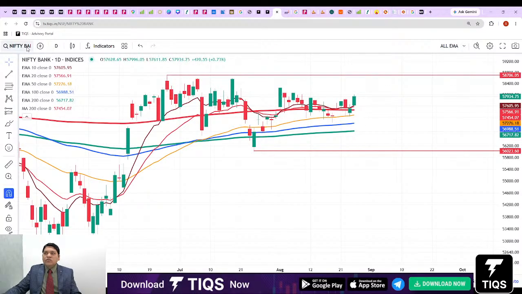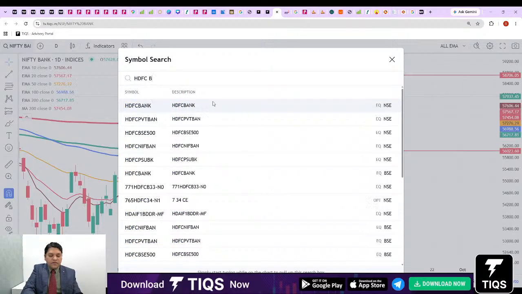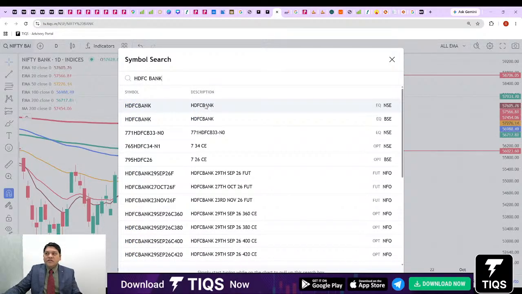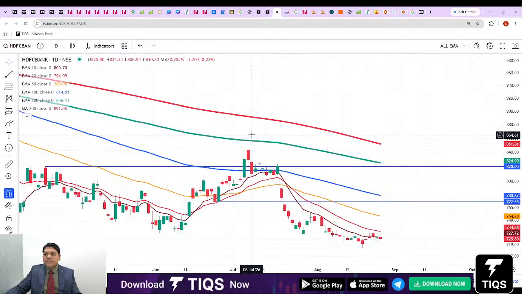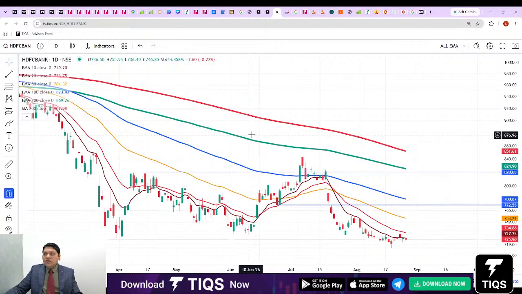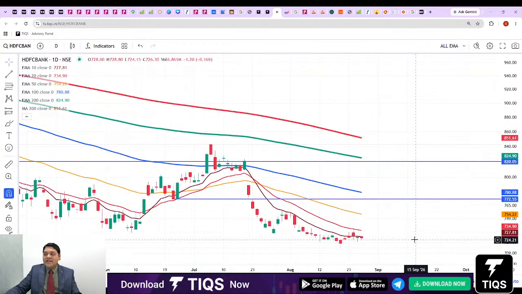Now we will go to the stock specific analysis. This is the first stock, which is a heavyweight stock of Nifty and Bank Nifty both. So basically what you are seeing, 200-day SMA is above, 200-day EMA is above, then 100, then 50, then 20, and then 10.